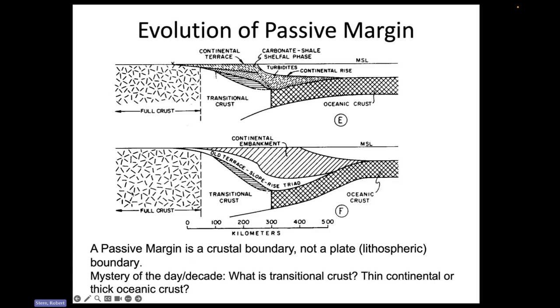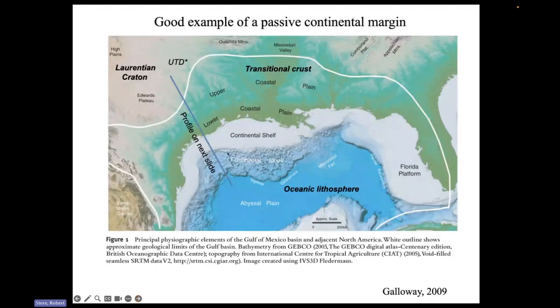We have normal continental crust, normal oceanic crust, and in between, underneath the passive margin, is something called transitional crust. So here we've got UTD on the craton, the Gulf of Mexico abyssal plain is on oceanic crust, and this region in here is transitional crust. This is the passive margin. Everything basically south and east of Dallas is somehow associated with this transitional crust.